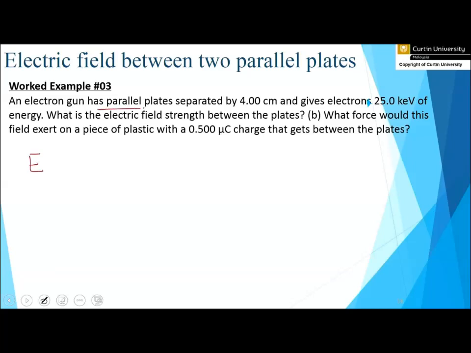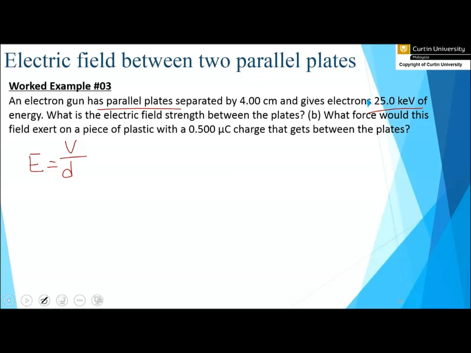Remember, for parallel plates, the electric field is given by voltage divided by distance. We have the distance, so we need to find the voltage. The two plates have given the electron 25 kilo electron volts of energy.